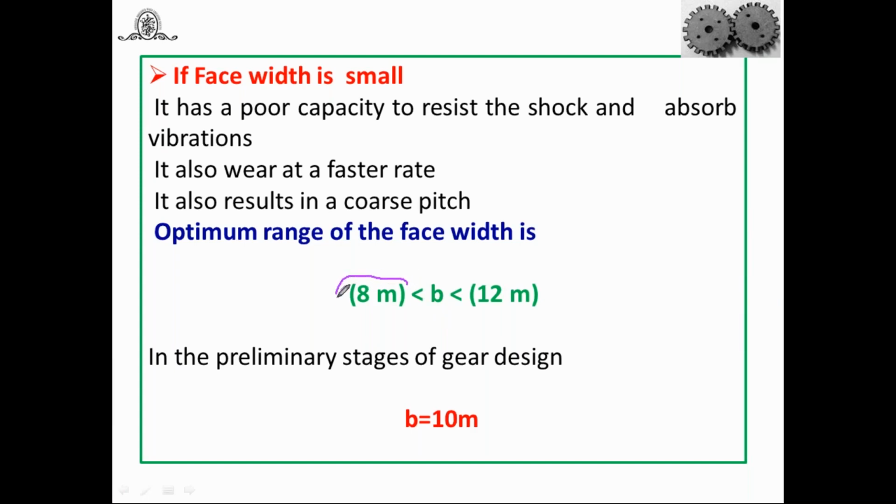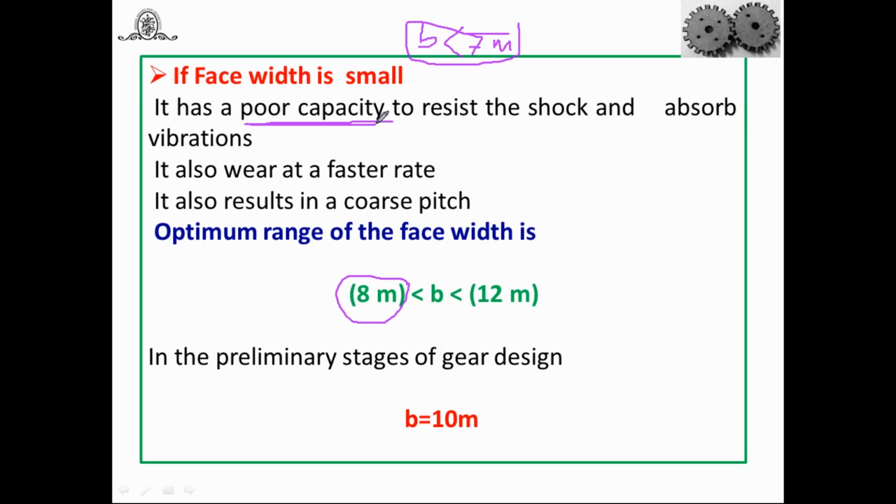Suppose the face width is small, or b is less than 7 module or up to 8 module. What would happen because of this? It decreases the capacity of the gear tooth to resist shock and vibration. Try to understand.